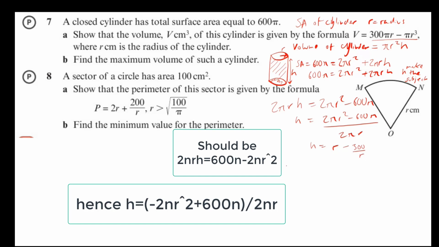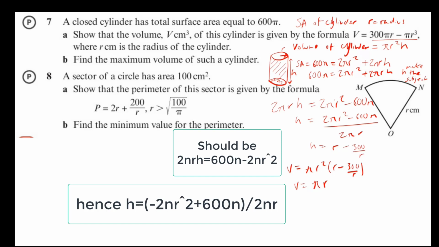And so volume equals pi r squared times h, r minus 300 over r. So that's going to give us pi r squared here. Pi r cubed. And I think I've written that the wrong way round. 600 equals 2 pi r squared plus 2 pi r h.